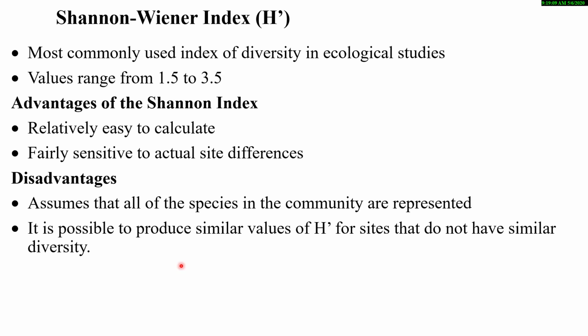What that means is that at times, in reality, two different sites may have different diversities, but it is likely that when you use the Shannon entropy, it may give the two sites similar diversity index, and this is a disadvantage.